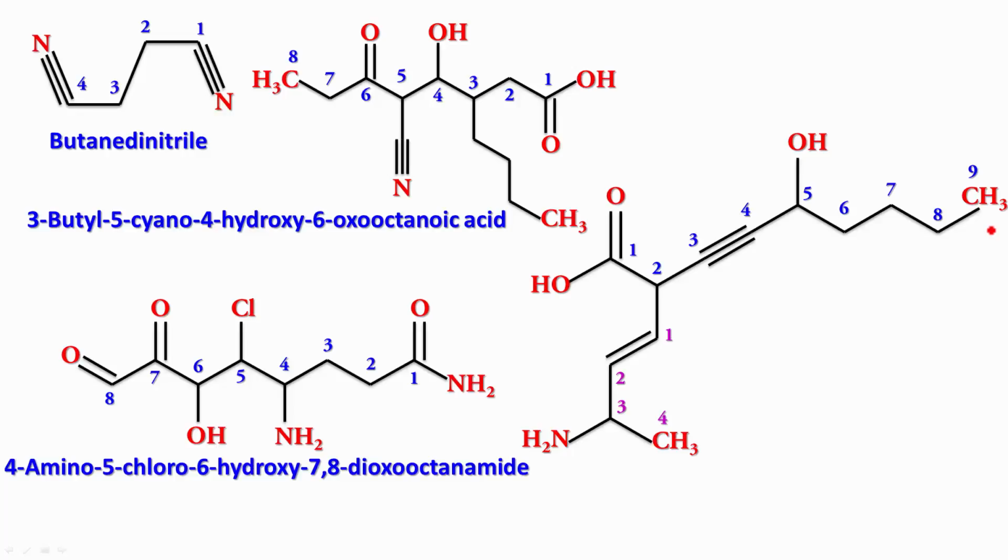So the parent is non-3-ynoic acid, and the prefixes would include hydroxy, and you will also have 3-amino but-1-ynyl. So 3-aminobut-1-ynyl, 5-hydroxy, non-3-ynoic acid.